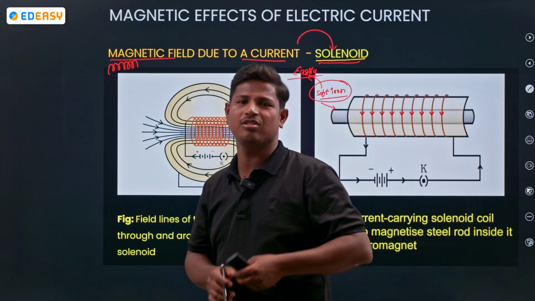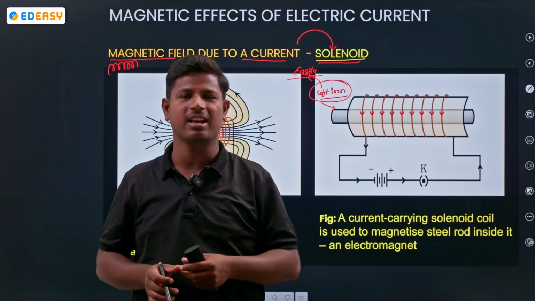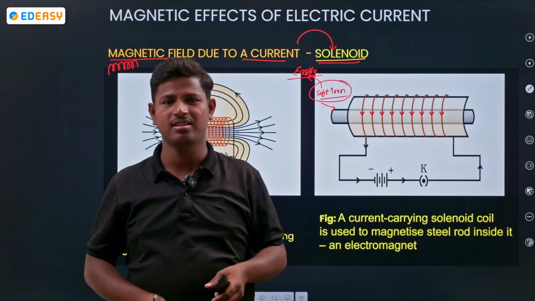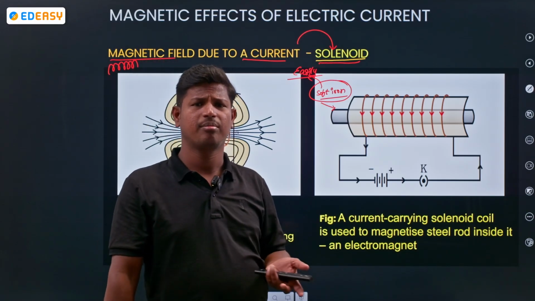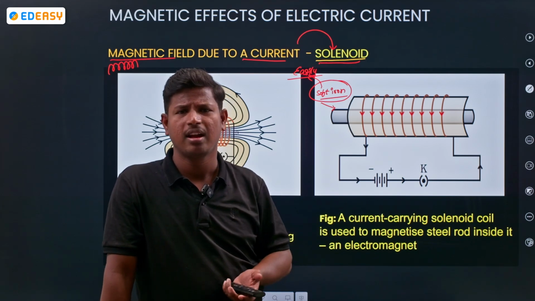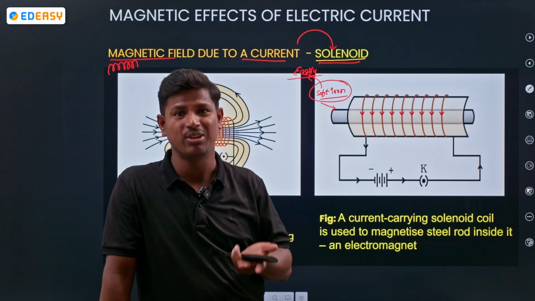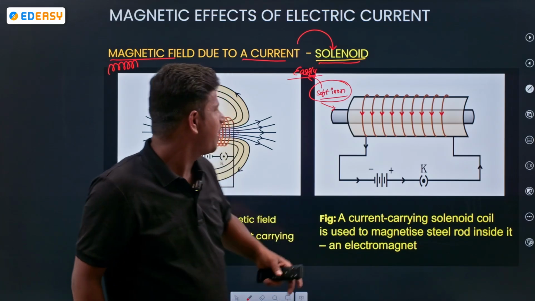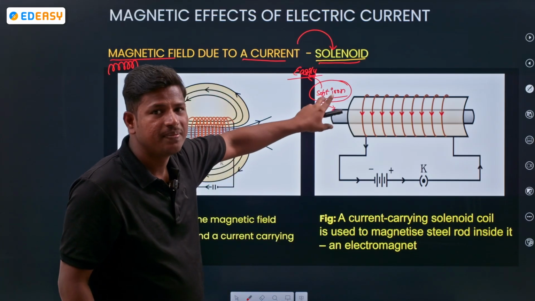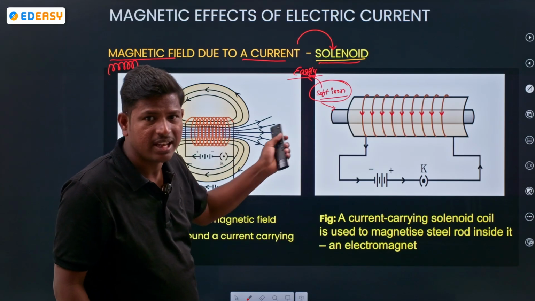That's why we take soft iron. Easily magnetized, easily demagnetized. It is like a person's behavior: somebody is very simple and easy to handle, and somebody is very tough like you. So we take soft iron because it is easily magnetized and easily demagnetized also.